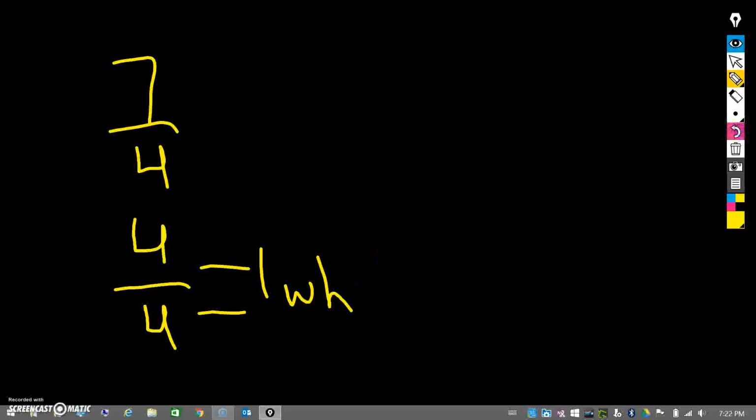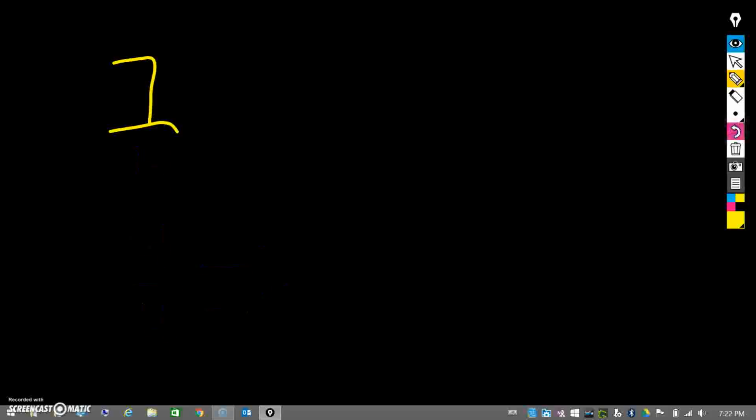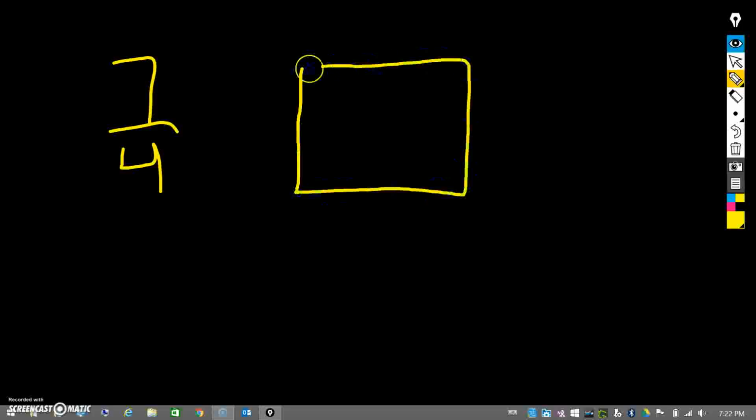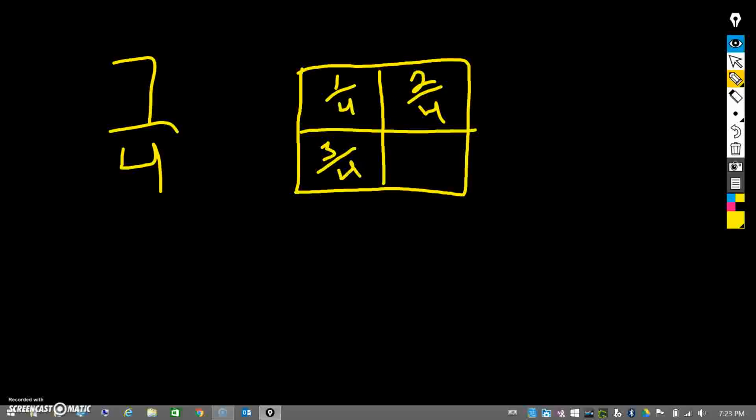Now, we need to convert this into a mixed number. And there are a few ways that we can do that. The first one I'm going to show you is we just draw 7/4 out. Okay? So we have one shape, and it's fourths, so it can't have more than 4 fractional parts. So we make 4 parts. We've got 1/4, 2/4, 3/4, and 4/4.